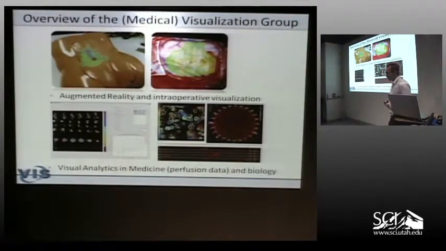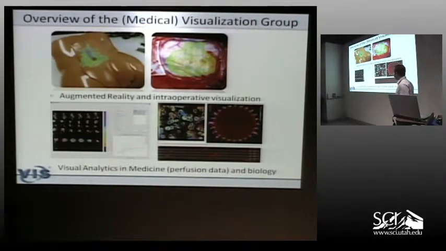You certainly know that there is a wave started in the US and led primarily by Jim Thomas on visual analytics, combining visual exploration techniques and analysis techniques. And this wave also exists in Germany. We have a large priority program on scalable visual analytics. That is a very rare event that many visualization groups can work together.